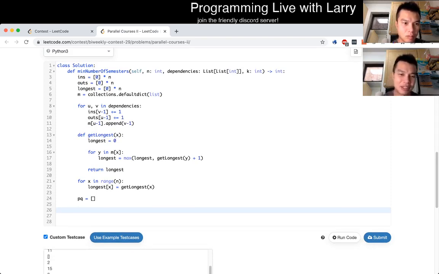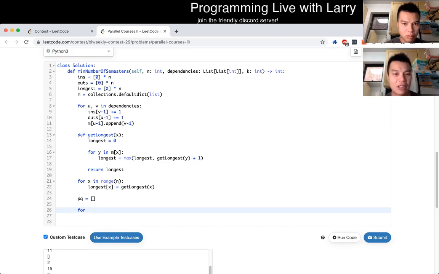But yeah. So I was thinking a little bit about what I need to sort it by. Do I need to sort by the out degrees? I was like, no, not really, because even if a node has a lot of out degrees, you still have to query it in some order, because the longest path is the thing that matters the most.